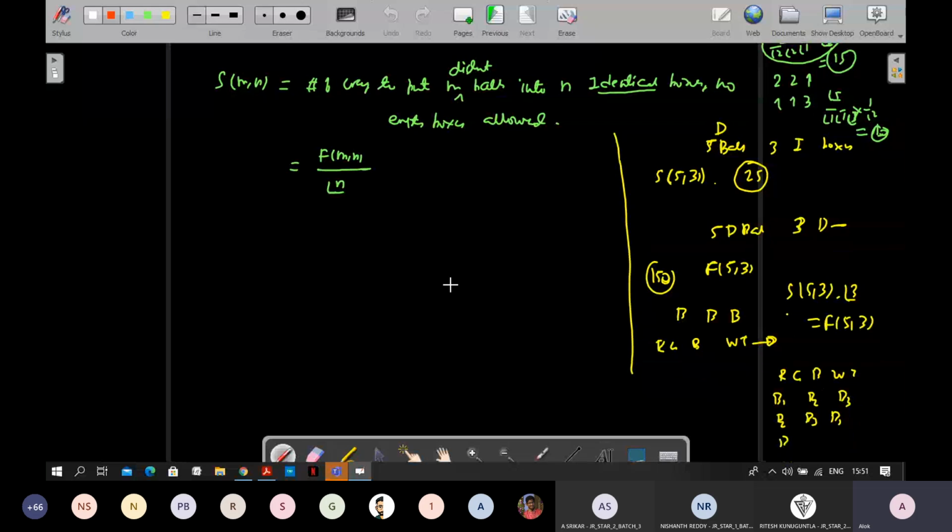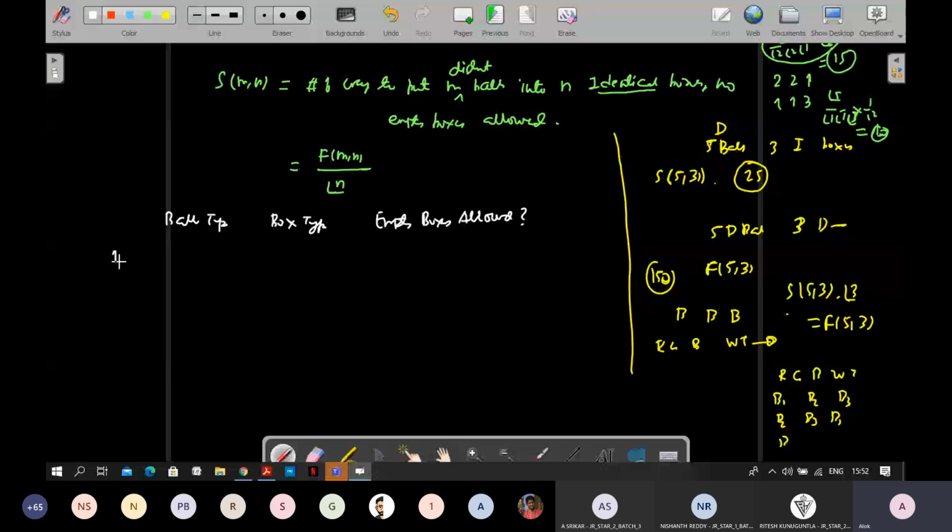Now it's time that I will make some results, and I'm trying to make a column so that you will understand what we have done till now. So this summarizes many things. Here I'm saying ball type, box type, and here, whether empty boxes are allowed or not, that question will be answered.